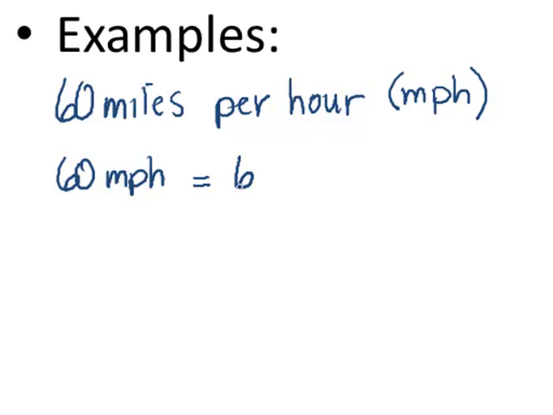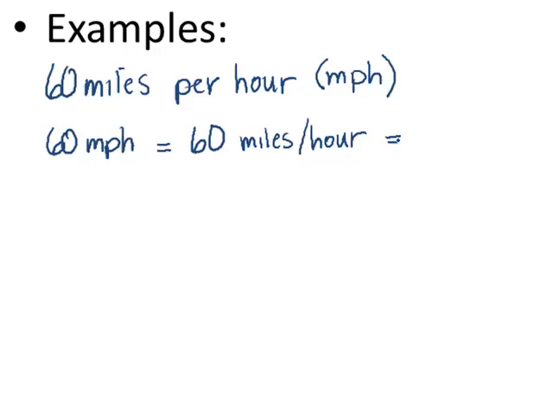Instead of writing miles per hour, you might write 60 miles / hour. That slash means divided by, or the word per. So 60 miles per hour is really 60 miles divided by 1 hour. And for that matter, you can even write it out as an entire fraction, 60 miles over 1 hour. Even though that's not as practical for simple applications, when you're working with calculations, you might find that this fraction form is easier to work with.